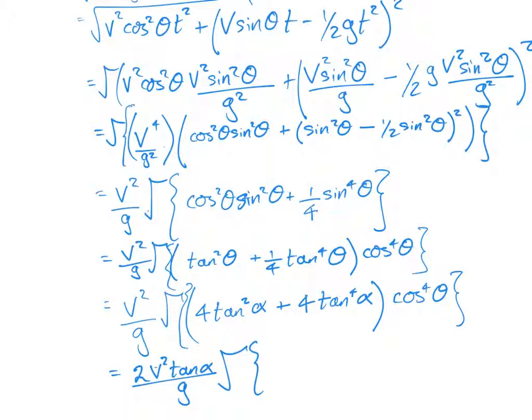I've taken the 2, so I've taken a tan squared, so I've got 1 plus tan squared alpha. And I've got cos to the 4 theta.